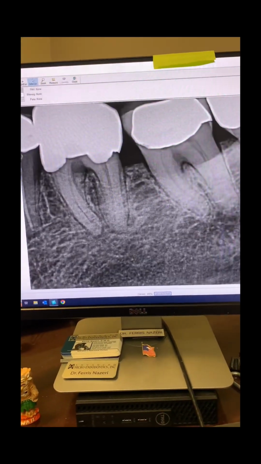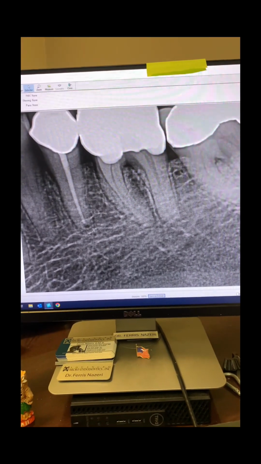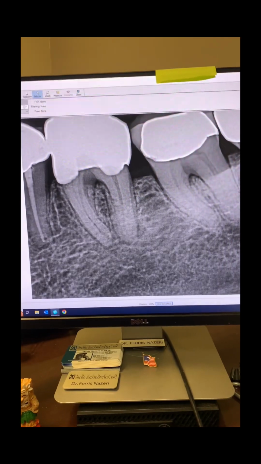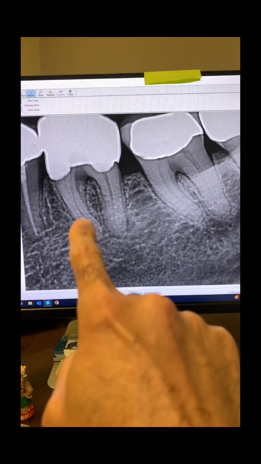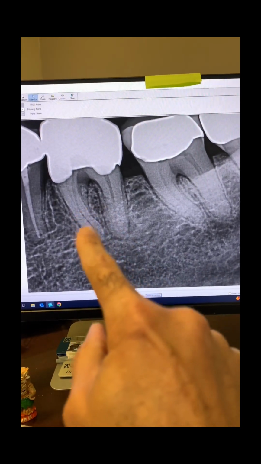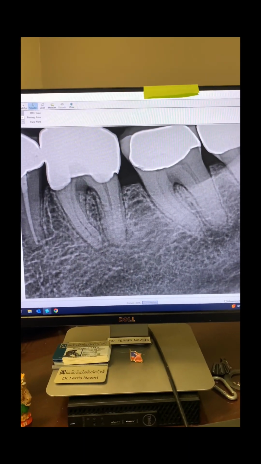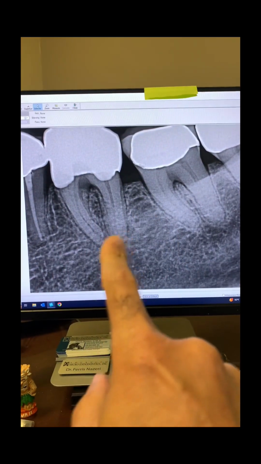So you think you're dealing with a necrotic tooth, because you need a necrotic tooth to have periapical radiolucencies, right? But no, the tooth is not necrotic. It's just the inflammation within the periodontal ligament giving you the impression that perhaps there's a periapical radiolucency. All right, so these are not periapical radiolucencies.